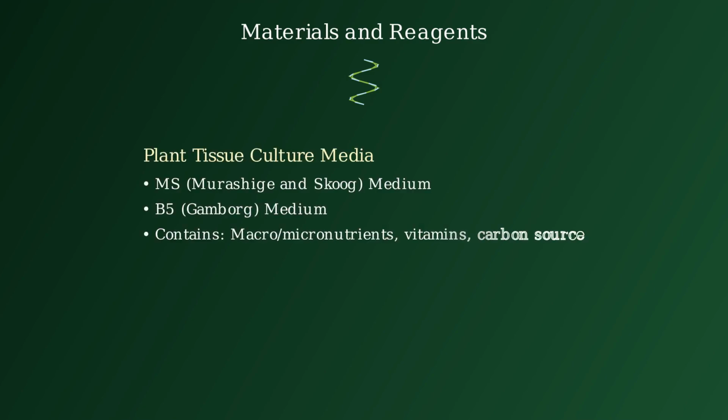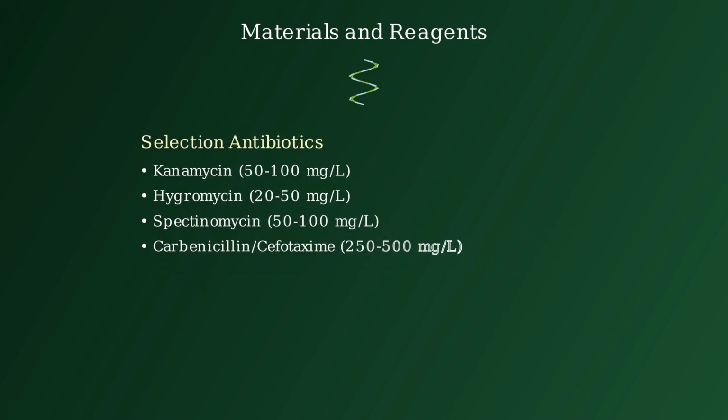This section covers the essential materials and reagents required for Agrobacterium-mediated gene transfer. Plant tissue culture media forms the foundation for growing plant tissues. Common formulations include Murashige and Skoog medium and Gamborg's B5 medium, which provide essential macro and micronutrients, vitamins, and carbon sources for plant growth. Selection antibiotics are crucial for identifying transformed plant cells.